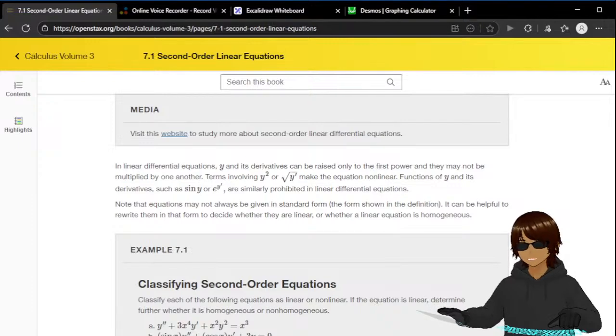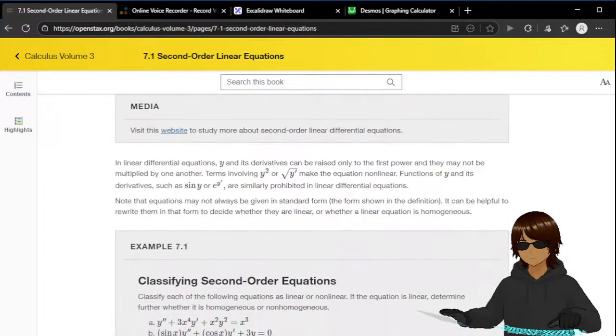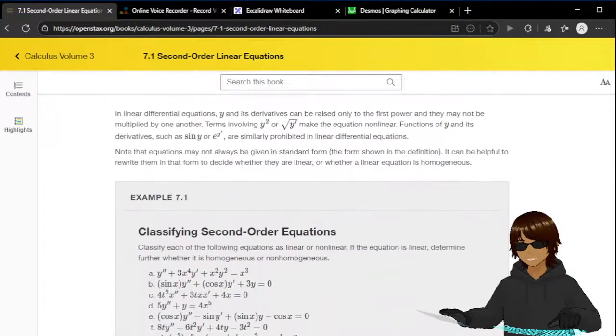Functions of y and its derivatives, such as sine y or e to the power of the derivative of y, are similarly prohibited in a linear differential equation. It can only be in this form. Note that equations may not always be given in standard form. It can be helpful to rewrite them in that form to decide whether they are linear or whether a linear equation is homogeneous.